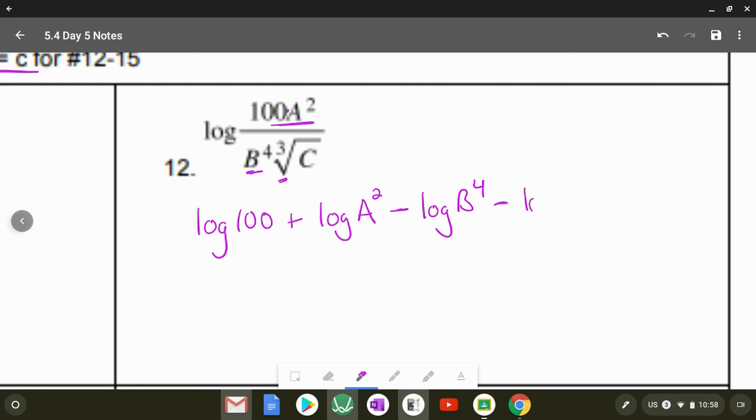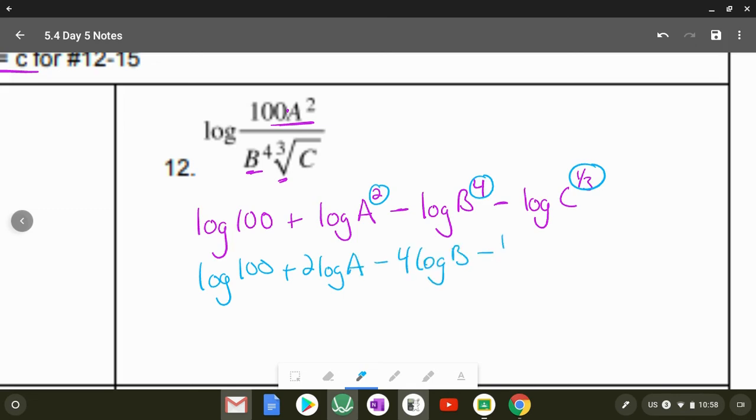So minus log base 10 of C to the 1/3. You can't substitute yet because we do have these exponents up here. So these got to go to the front. Log of 100 plus 2 log of A minus 4 log of B minus 1/3 log of C.